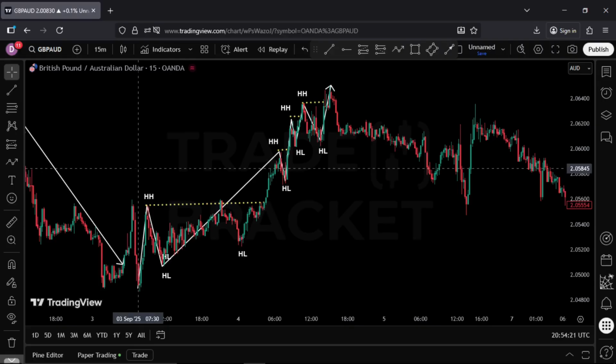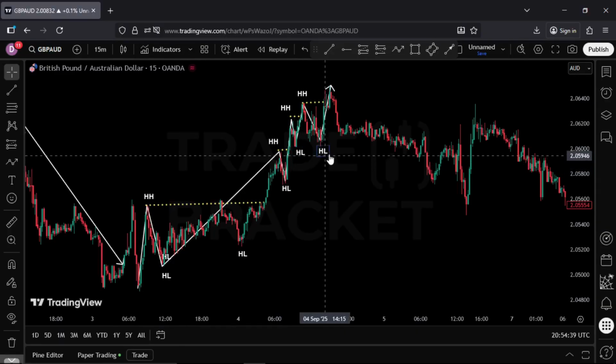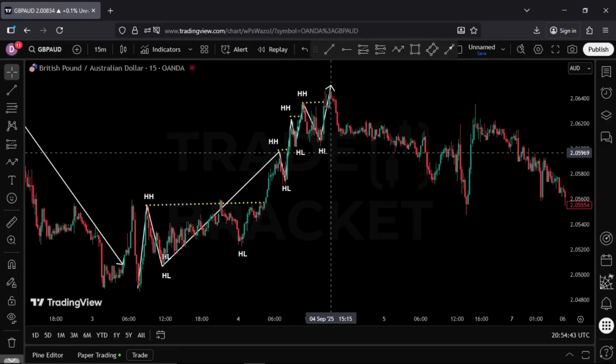And I want you to pay attention to the bottom of the chart, okay, of this window right here, okay? It says 3rd September 2025, okay, and it says 7:30, okay? So that's the lowest point of this pullback, okay? And the highest point was on 4th September 2025, 15 minutes past 15, which is quarter past 3, all right?